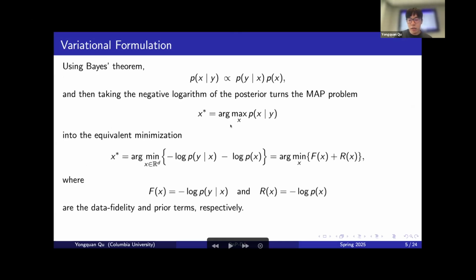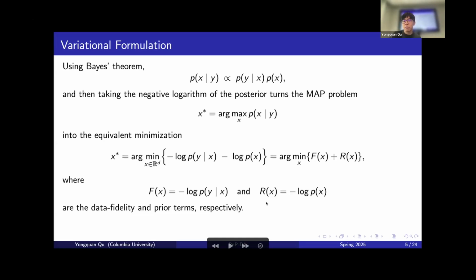We write down the variational formulation to solve this inverse problem. Using Bayes' theorem, you can decompose the posterior distribution, and taking the negative log of the posterior turns the maximum a posteriori problem into its equivalent minimization problem. Here you want to minimize this objective function, which is a sum of two terms. The first is called the data fidelity, and the second is the prior term. You can understand R as a prior in this Bayesian probability formulation.